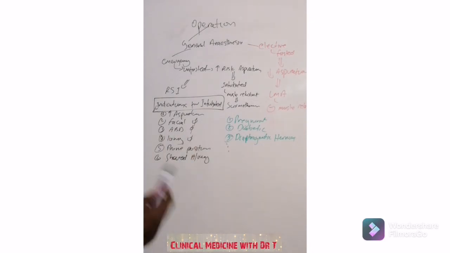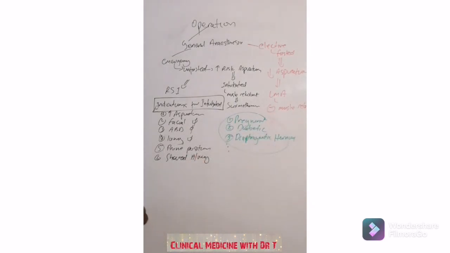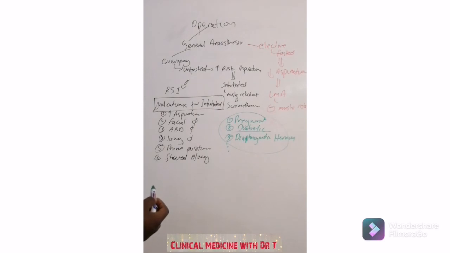So these patients have a high risk of aspiration, but they're not necessarily emergencies. A diabetic patient that is coming for a planned operation, that's an elective procedure, right? But they are still regarded as unfasted.